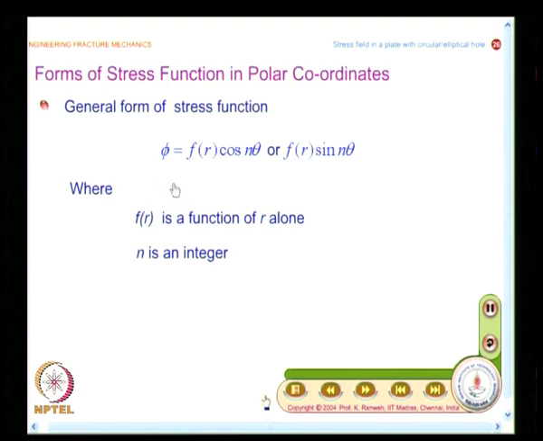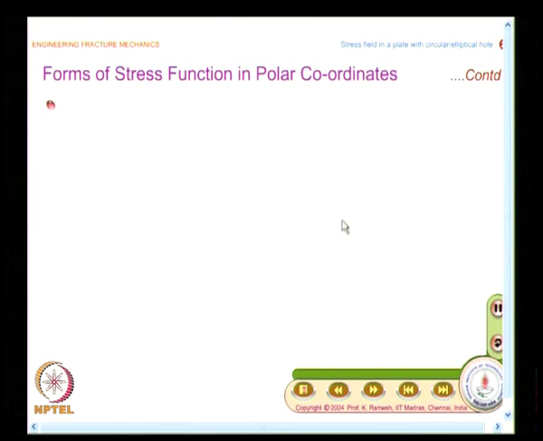In the case of polar coordinates, the generic form is phi equal to a function of r multiplied by cos n theta or sin n theta. You are not taking a very generic expression in terms of theta, you could have a general function in terms of r, and this kind of combination is found to solve a variety of practically important problems, and we will look at each of them case by case.